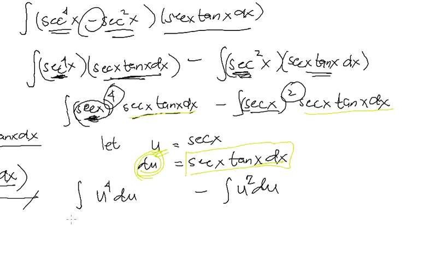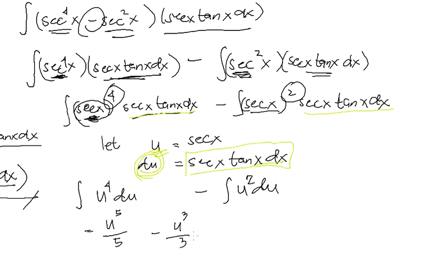So from here we can now simply use our power formula. According to our power formula, u raised to 4 plus 1, we have u to the 5 all over 5, minus u squared is u cubed all over 3.